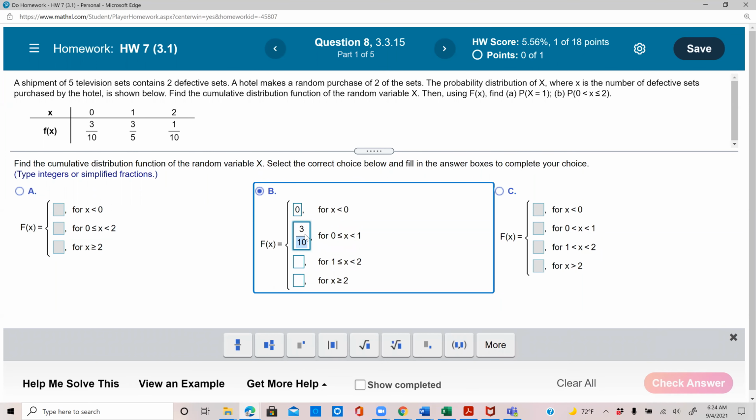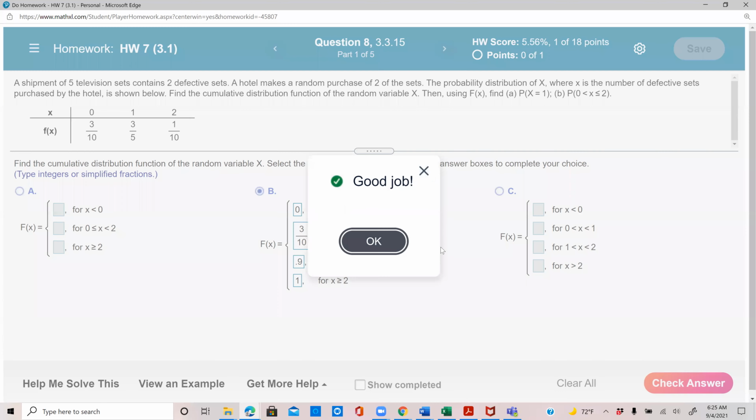So 3/10 is 0.3, 3/5 is 0.6, so it's 0.9. Let's see if it accepts 0.9 or not. And then at 2, you pick up another 1/10, which is 0.1. So 0.9 plus 0.1 is 1. Okay.